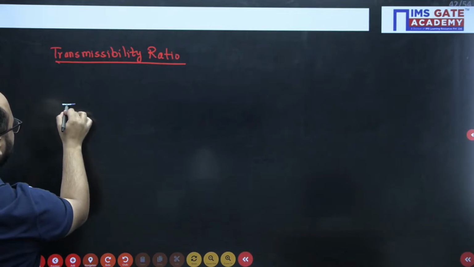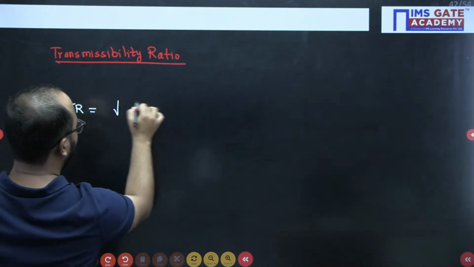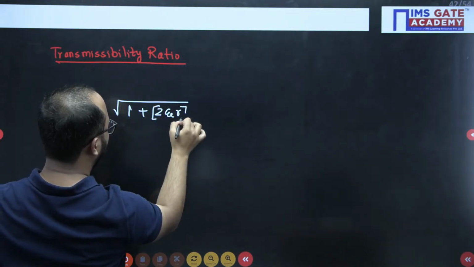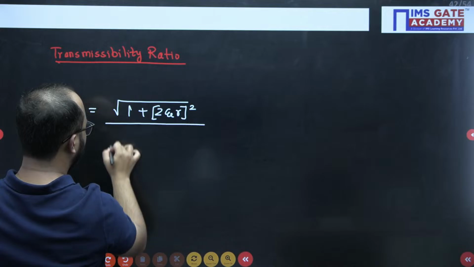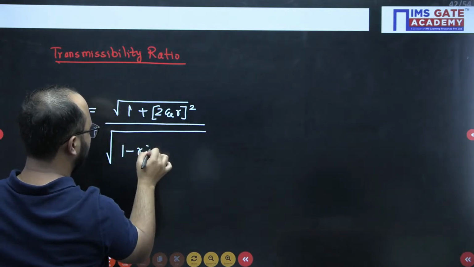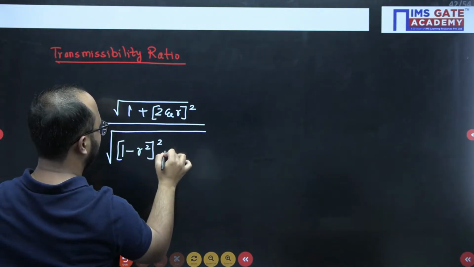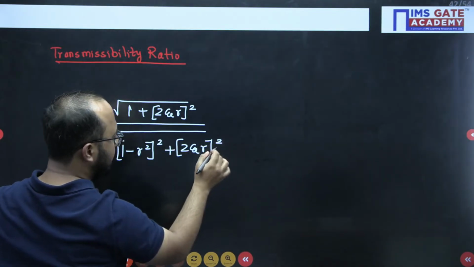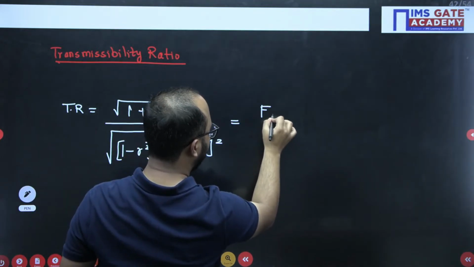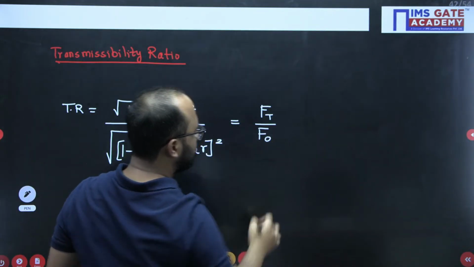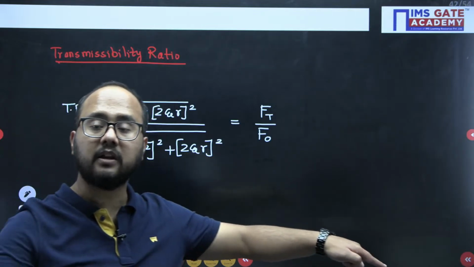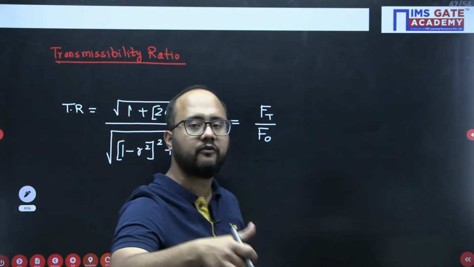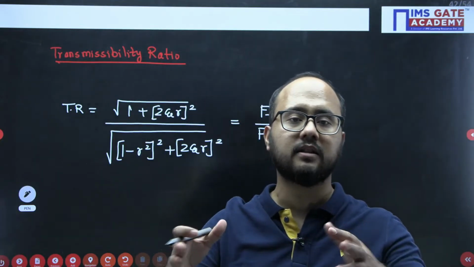The formula is under root of 1 plus (2 damping factor into R) whole square, divided by under root of (1 minus R square) whole square plus (2 damping factor into R) whole square. Like this. Now this ratio is actually representing Ft divided by F naught: force transmitted to the ground divided by the force applied. Transmissibility ratio is actually the measure of the performance of a vibration isolation system.